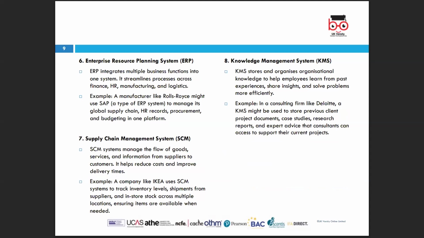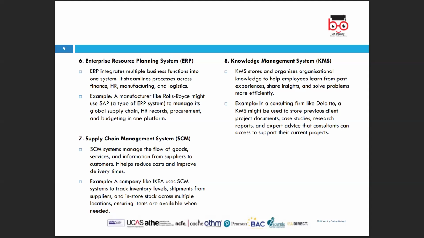With enterprise resource planning systems, for example, a manufacturer like Rolls-Royce might use SAP, which is a type of ERP system, to manage its global supply chain, HR records, procurement, and budgeting in one platform.